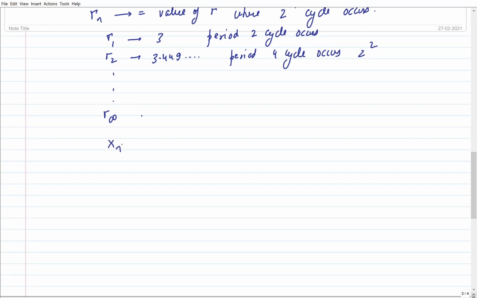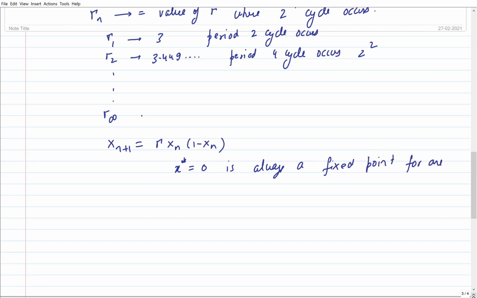Starting from the equation, now we saw that x star equals 0 is always a fixed point for any r. By the way, before that, we can actually draw some diagram as a function of r.